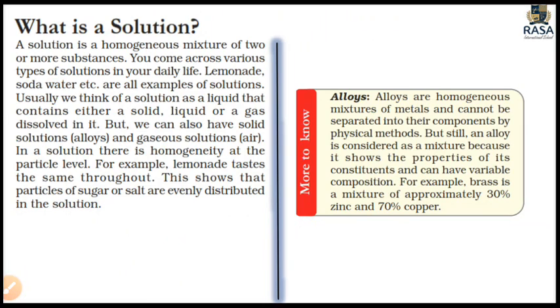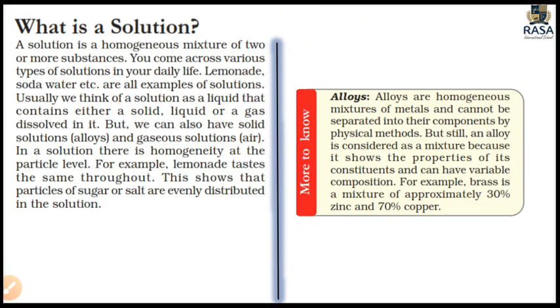But still an alloy is considered a mixture. Why? This is the question: why are they considered a mixture though they cannot be separated out by a physical process? Because it shows the properties of its constituents. Each metal from which the alloy is made retains its property and is able to show it though it is along with other metals. They are not chemically combined, they are mixed, and can have variable composition.